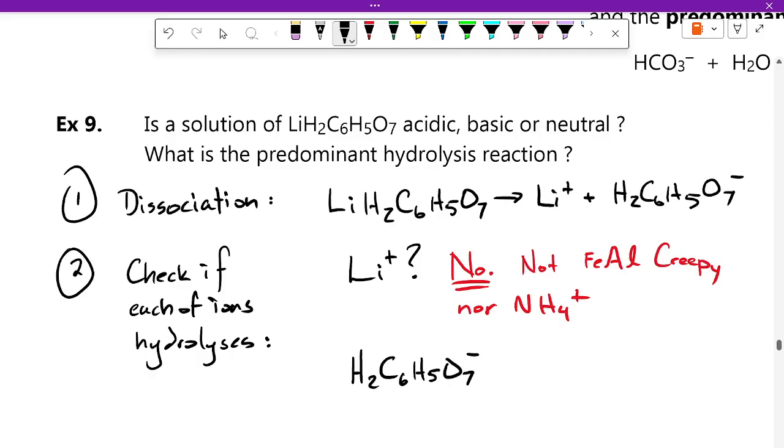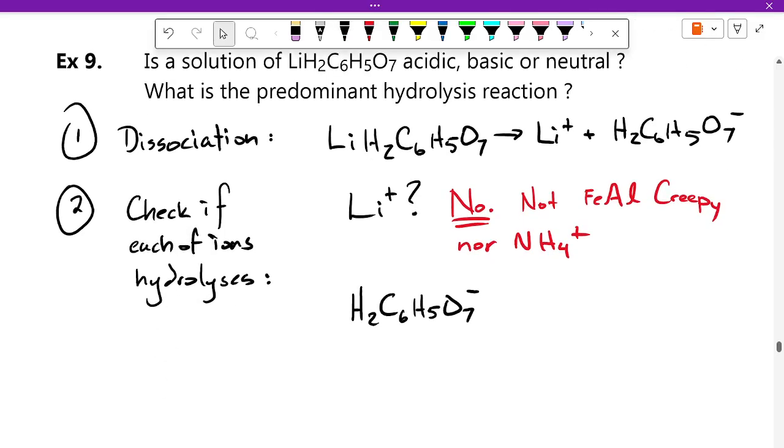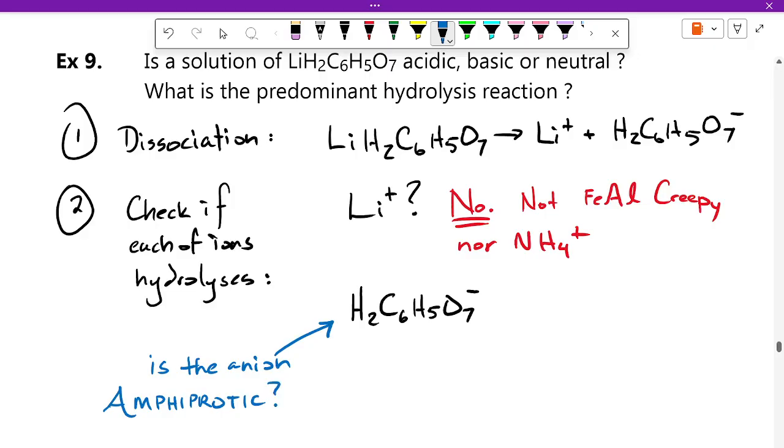And anytime you have an anion, you should ask yourself, is the anion amphiprotic? Is it?